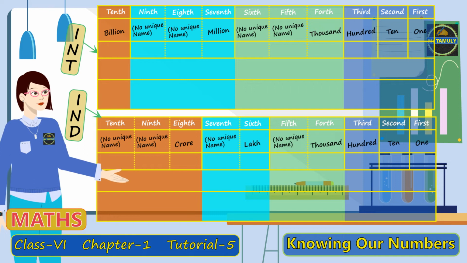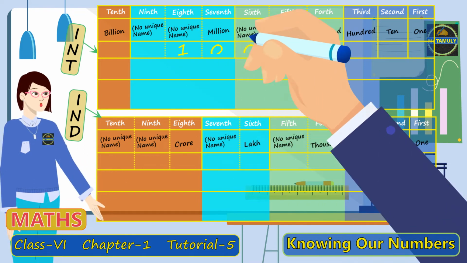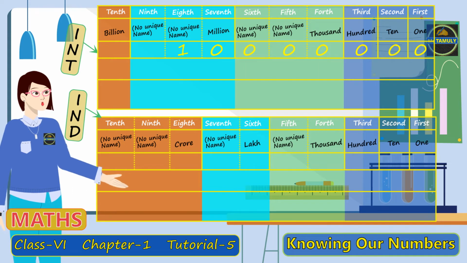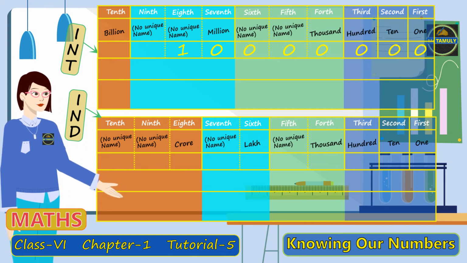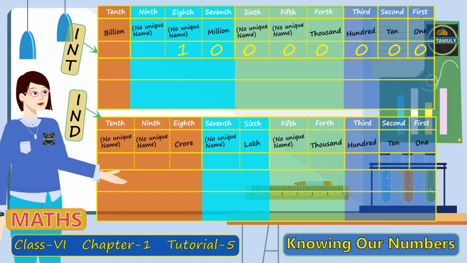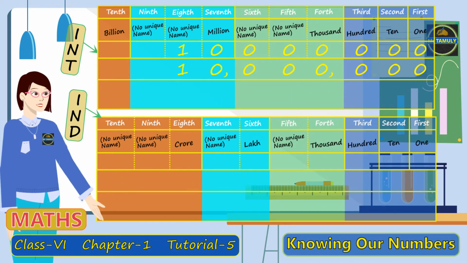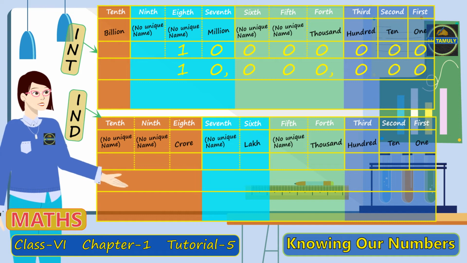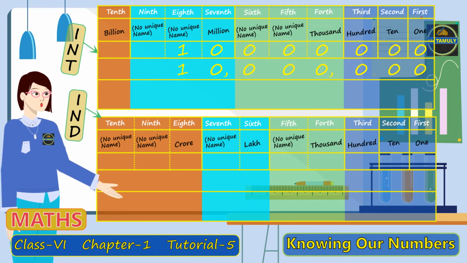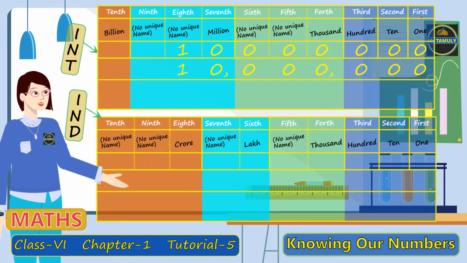As our next example, we shall take the 8-digit number 10,000,000. In the comma format, we shall write 10,000,000. Now we can easily make out that the name of this 8-digit number is 10 million.